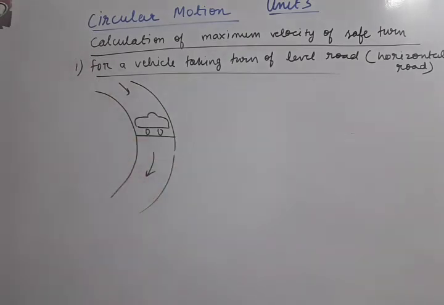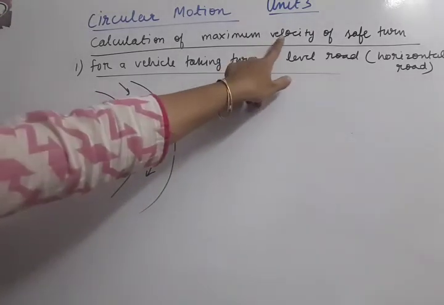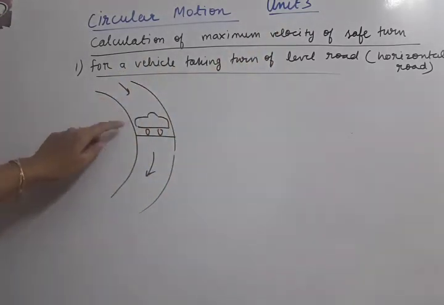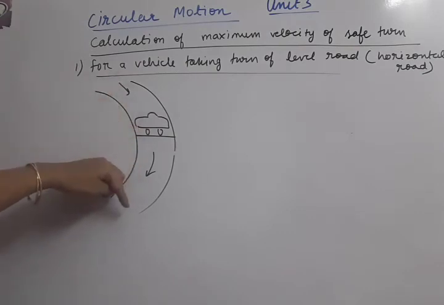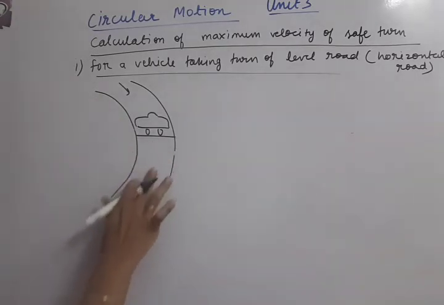At a particular position, we will balance all the forces, and with the help of those forces we will calculate what maximum velocity this vehicle can use so that it takes the turn safely, without skidding, without slipping on the road. So let us start applying all those forces.